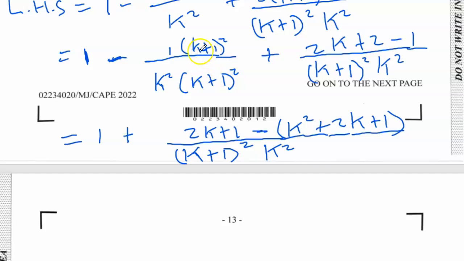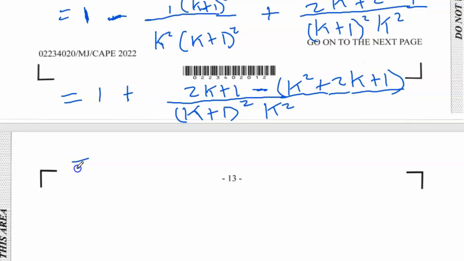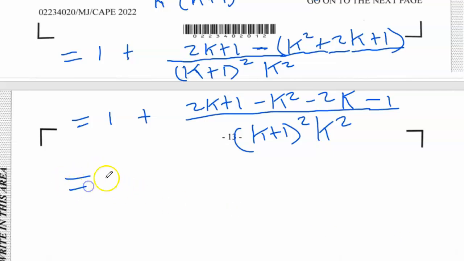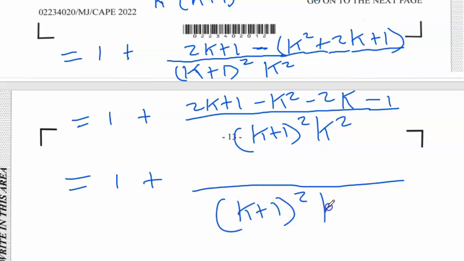So we end up with 1 plus, again, the common denominator, (k plus 1) all square into k square. If I expand, I have 2k plus 1 minus k square minus 2k minus 1.